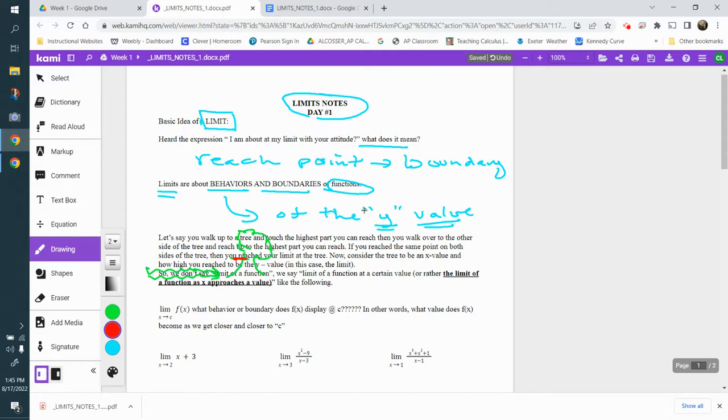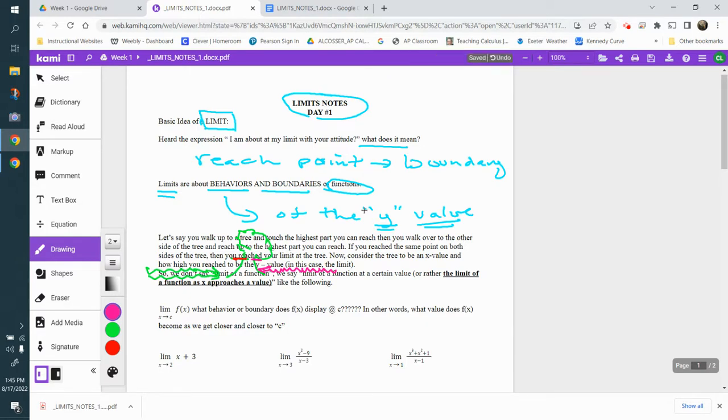And then you are on this side here. Let's go to a different color, that color. And you're the x value on this side, and you're walking towards the tree, and you can reach up and touch this side.